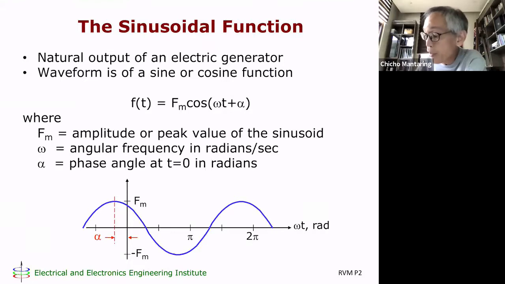Note that if alpha were equal to 0, my axis should be here, because the cosine function is maximum at t equal to 0. But because we have a phase angle alpha, my sinusoid is actually ahead of the usual sinusoid. At this point, it is already at angle alpha, whereas if alpha were equal to 0, it should still be here.